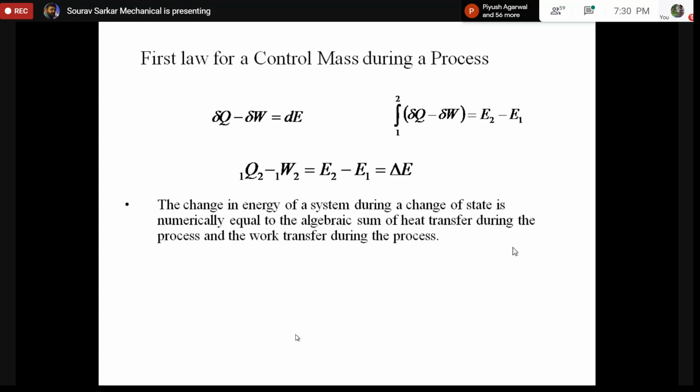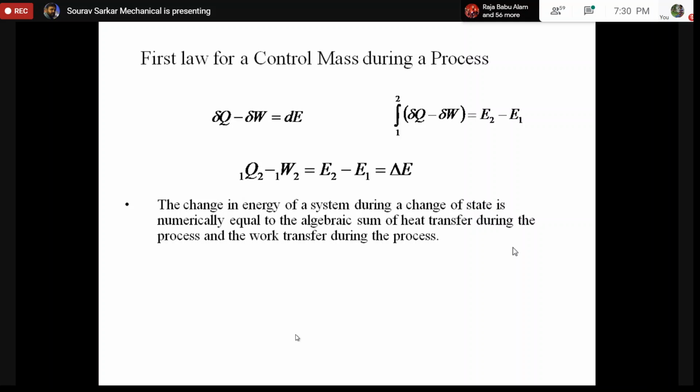But you have already studied that energy cannot be created, energy cannot be destroyed, it can be converted from one form to another. So this is also a statement of the first law. But if you extend the system to a closed thermodynamic system, you can interpret it in this form.